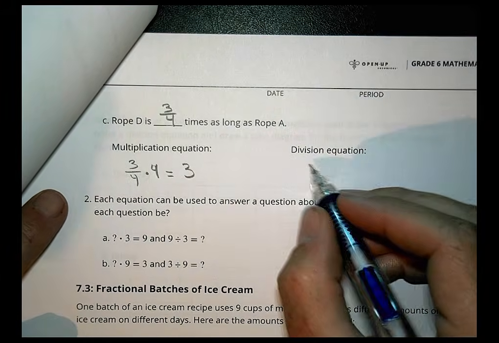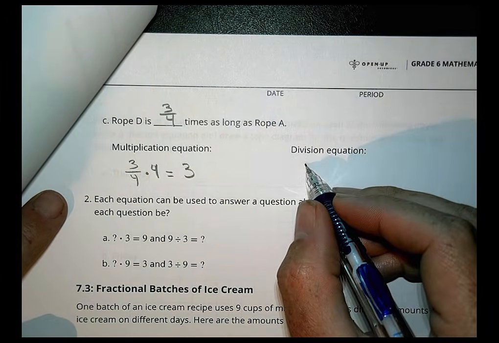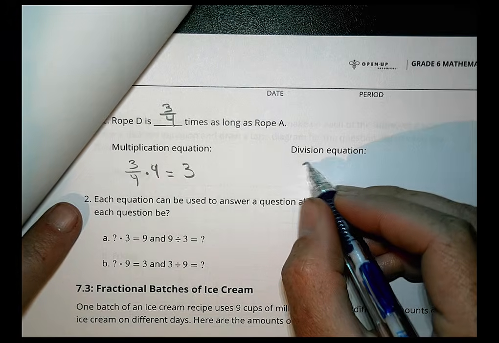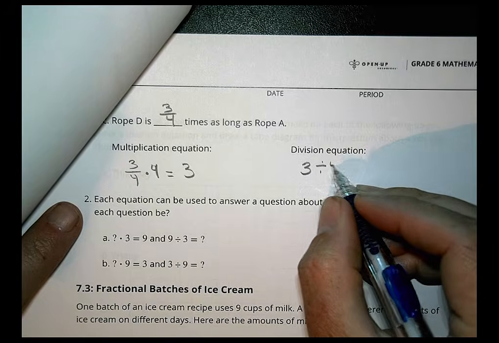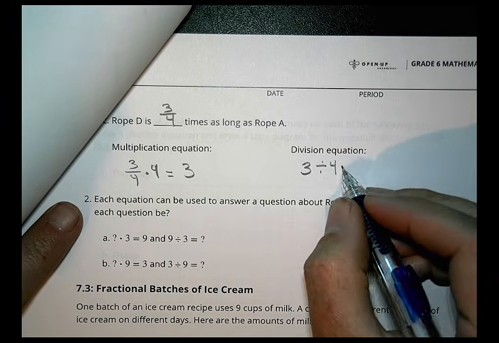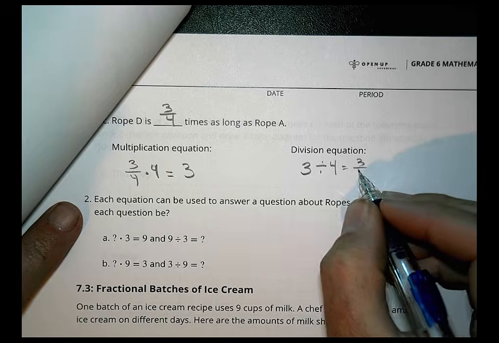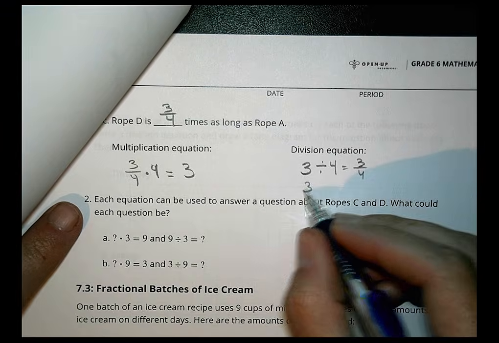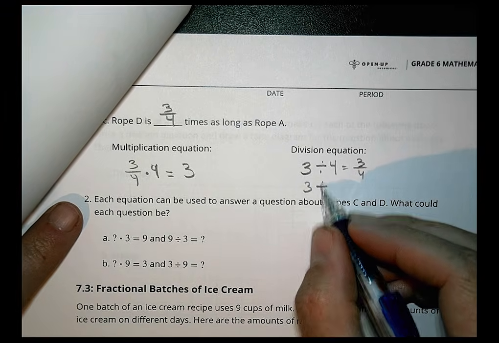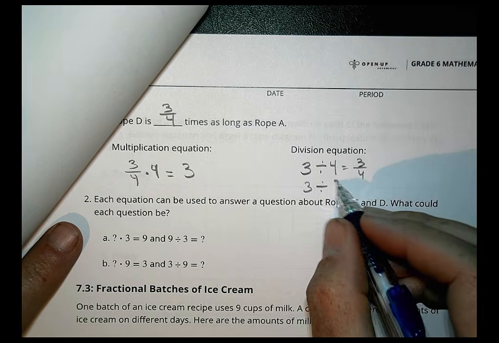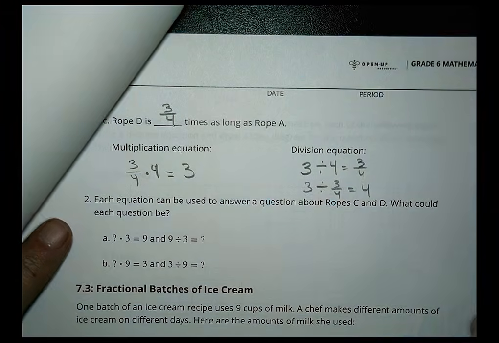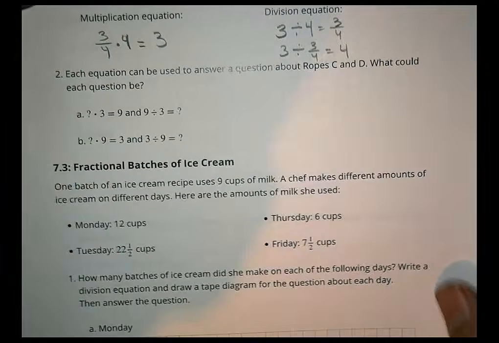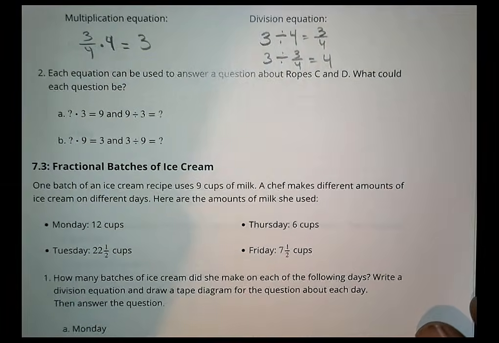And as a division equation, we're taking the length of the rope, 3, and dividing it by 4, and we end up with 3/4. Or we could also say 3 divided by 3/4 equals 4. That would work as well. So each equation can be used to answer a question about rope C and D.